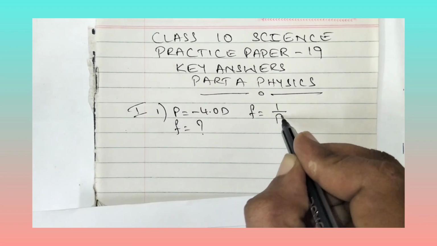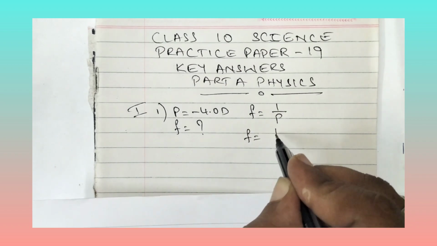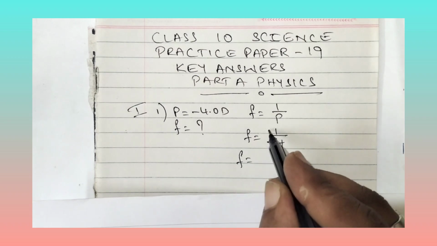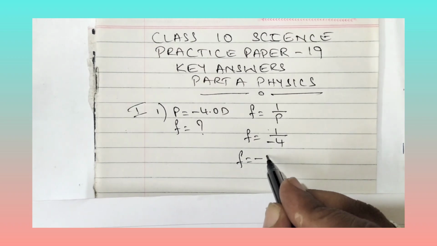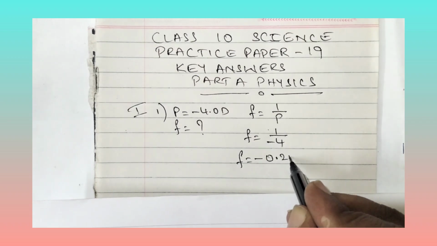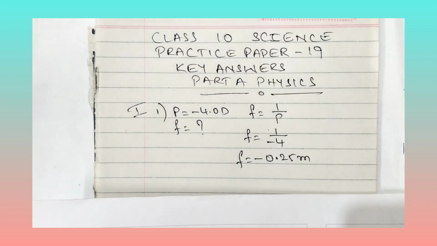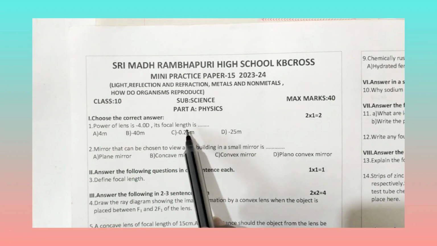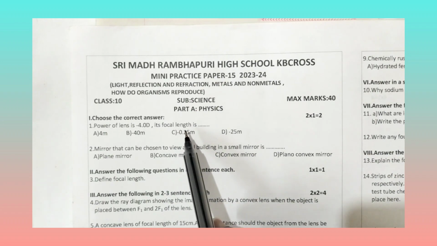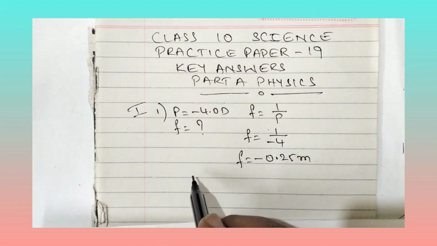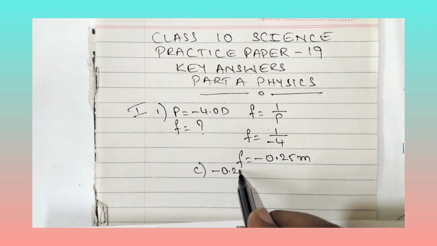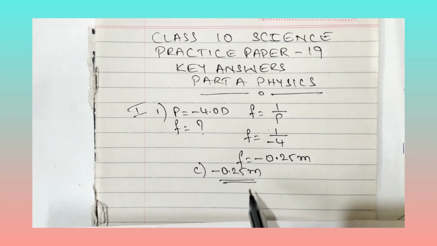F is equal to 1 by P. F is equal to 1 by minus 4. So F is equal to minus 1 by 4, which is minus 0.25 meter. So for the first question, the right option is option C, minus 0.25 meter.